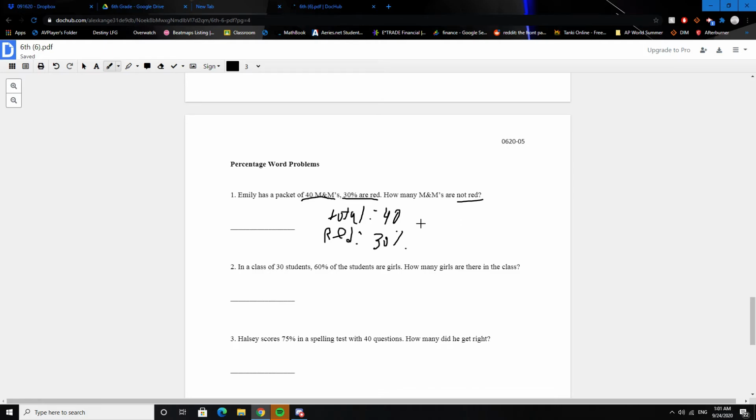What I would do in this situation is remember that the highest percentage is 100%. That's like the gold standard. It's the highest number you could have in a realistic scenario.